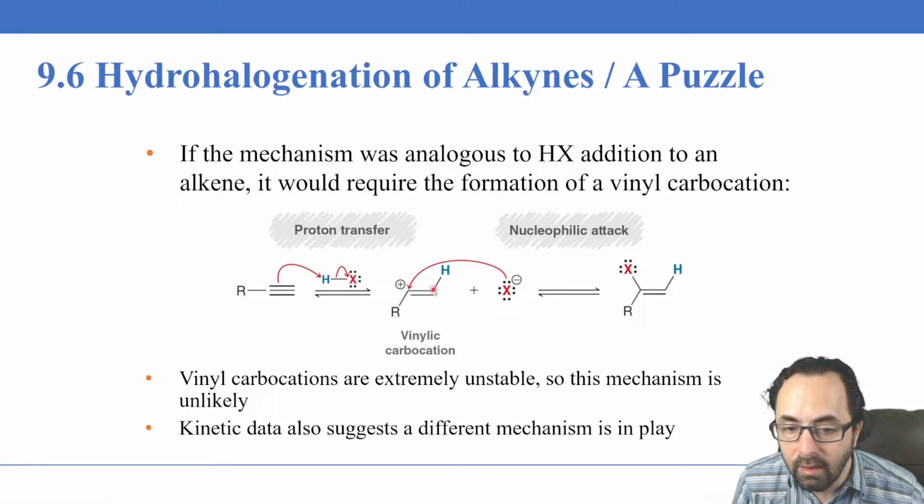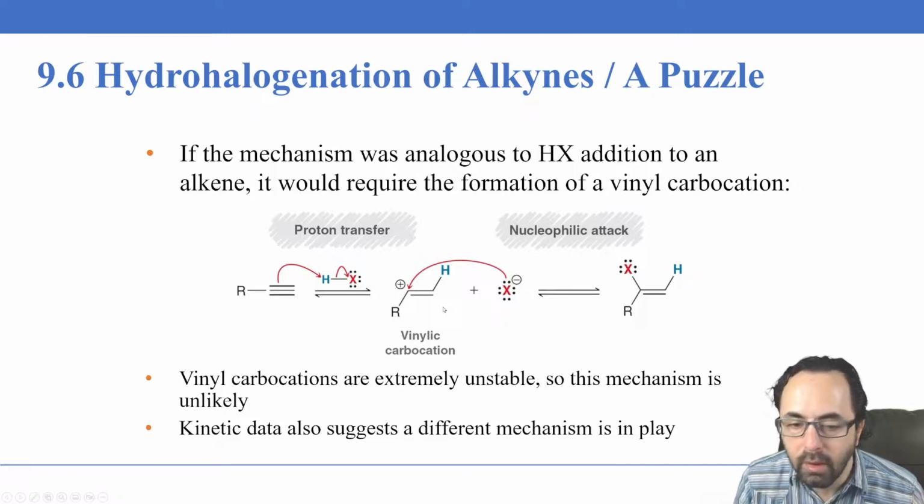And given that this carbon now has 3 bonds and no lone pairs, it would have a positive formal charge. It would be a carbocation, and this would be if it were behaving exactly the same way as when we did an alkene. However, that would be a vinylic carbocation, which, as we know from our previous chapters, is not a particularly stable situation.